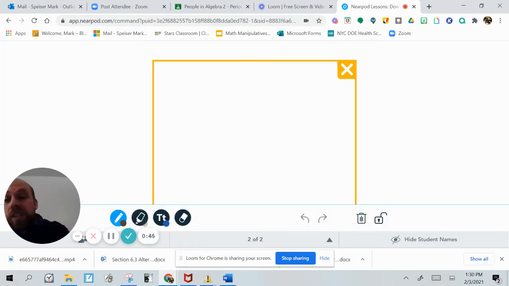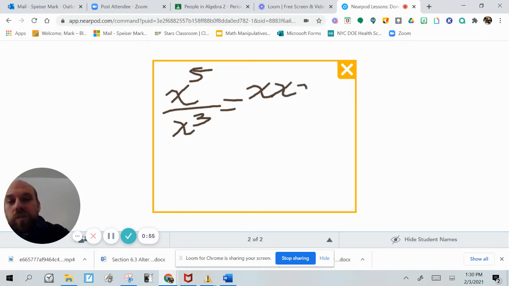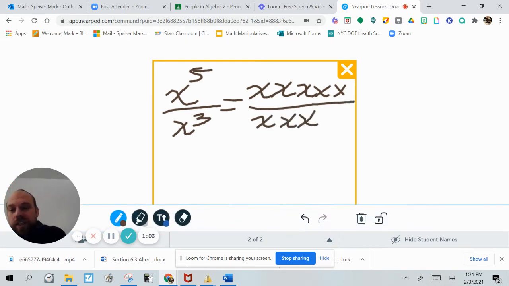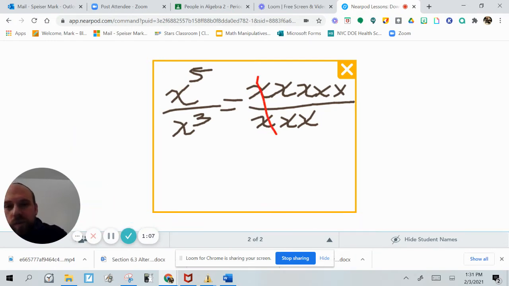Okay, so let's look at this. X to the 5th over x to the 3rd. The rule says you subtract, but why? So let's write an expanded form. 5 x's in the numerator, 3 x's in the denominator. And let's look at this. So we cancel out the x's, x divided by x, x divided by x, x divided by x.